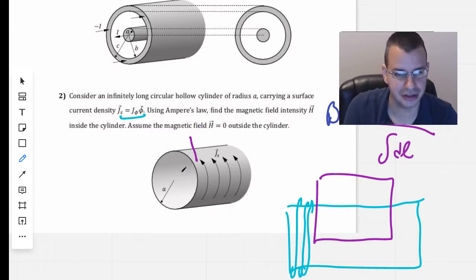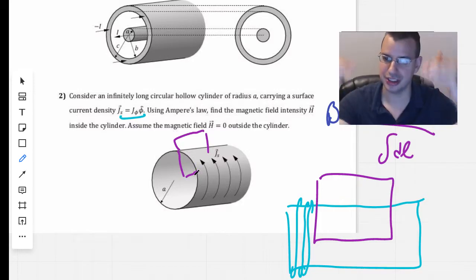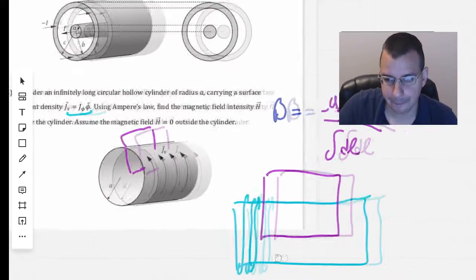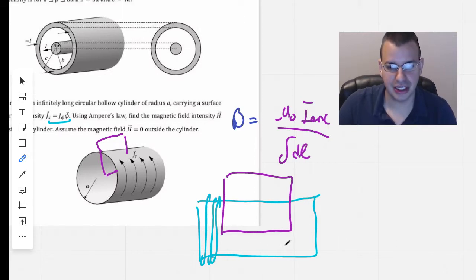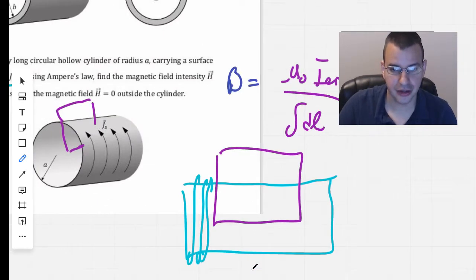My artistic skills are terribly lacking. So Amperian loop right there, coming in, and then it cuts through the center, like so. And so the only part that experiences current is this portion right here.